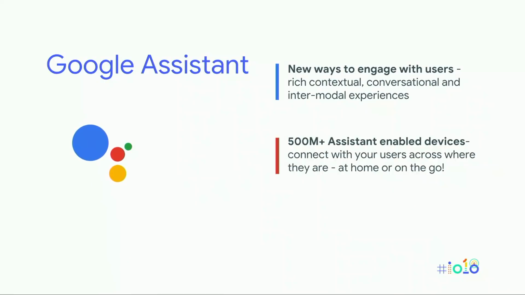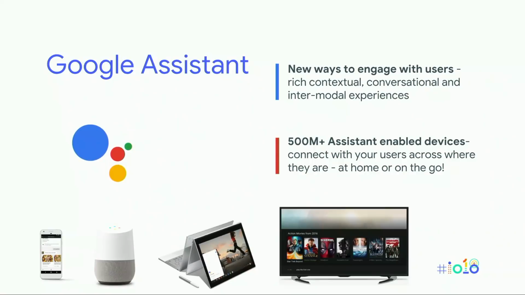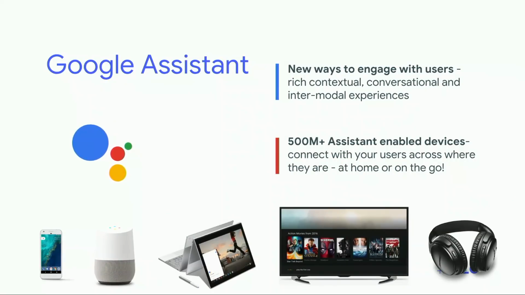And the Google Assistant is now on over 500 million devices, everything from phones to smart speakers to smart TVs to smart displays and headphones, so that you can reach your user in the right context, in the right place where they are, and increase your breadth of adoption of your services across all of these different contexts.